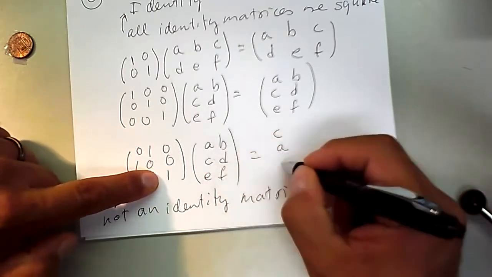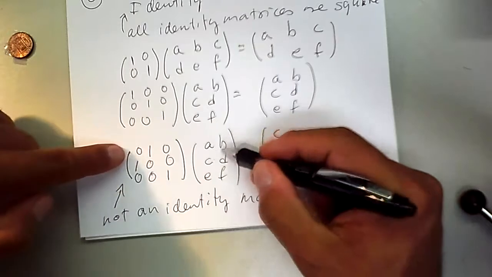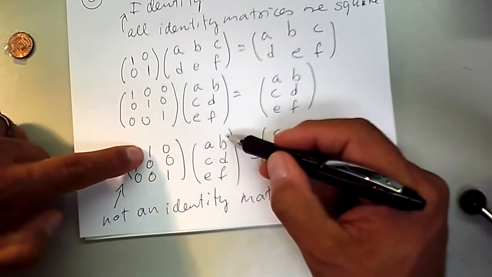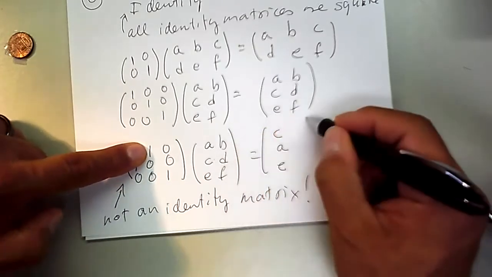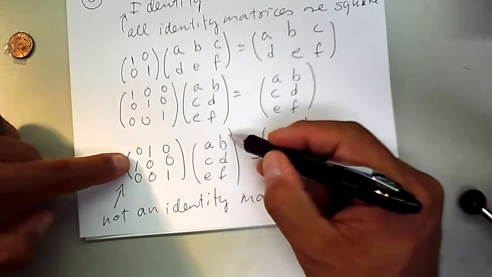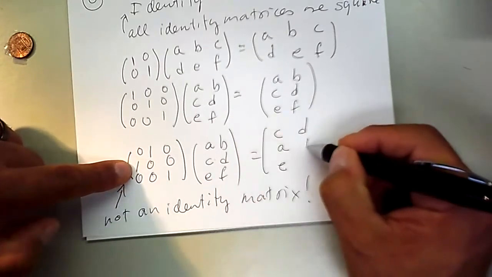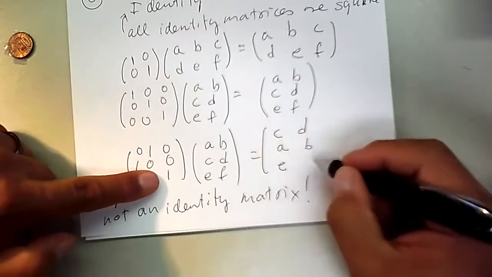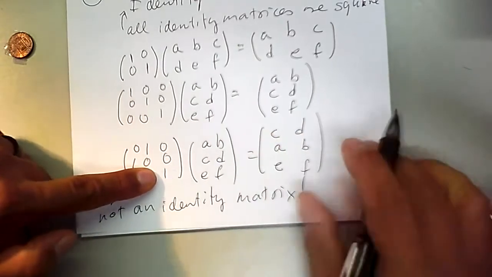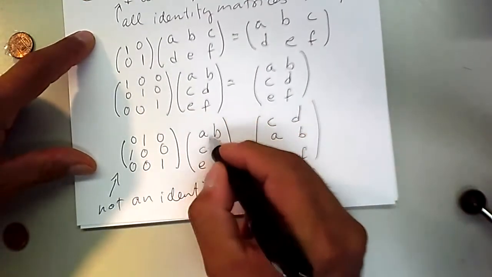So E. And when we move on to the next column, we're picking up the second element again, D, and then B plus 0 plus 0, and then F. So notice what we have just done.